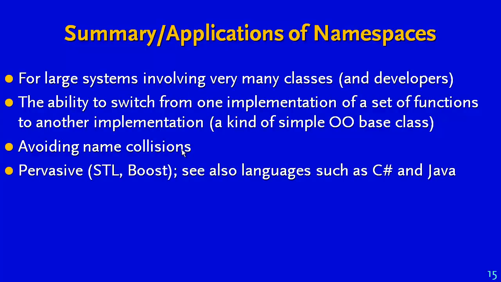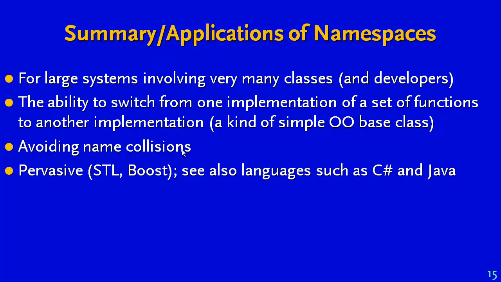Okay, so that was a relatively short section on namespaces. So what did we do? First of all, we motivated what namespaces are and why you need them: basically, to manage logically related sets of software components without having name clashes in the function names, for example.